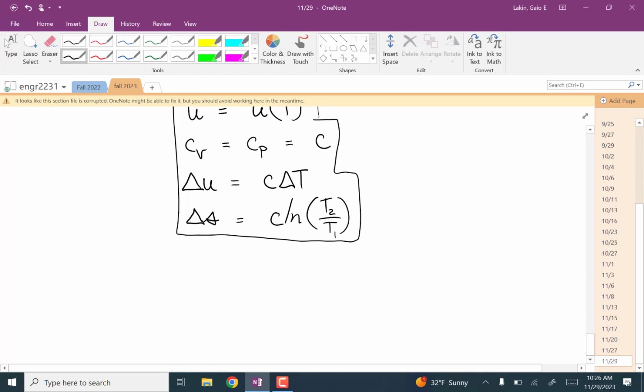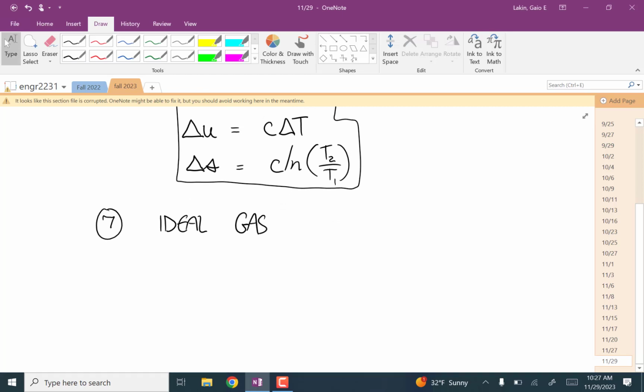Seven is ideal gases. And these are the things that you can always use there. I do have one part of it broken down into whether there is a huge temperature range or a relatively small temperature range.